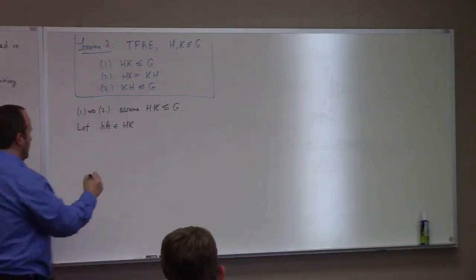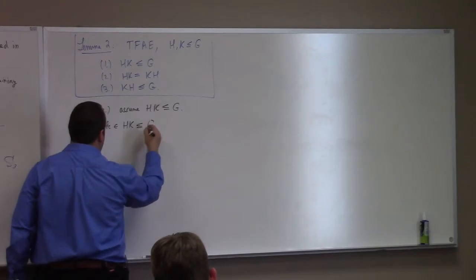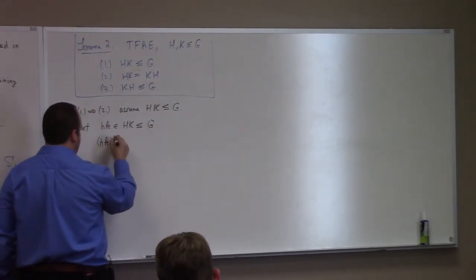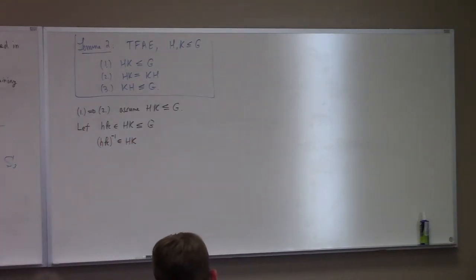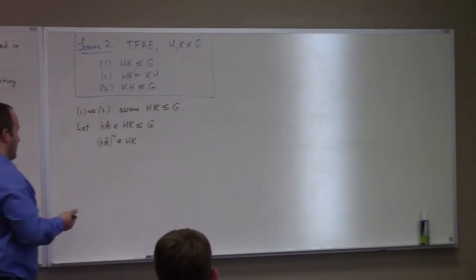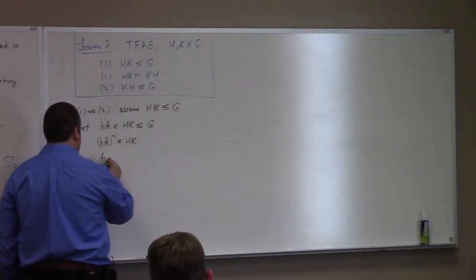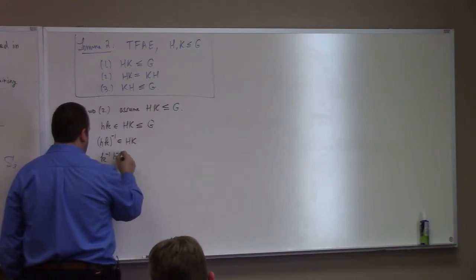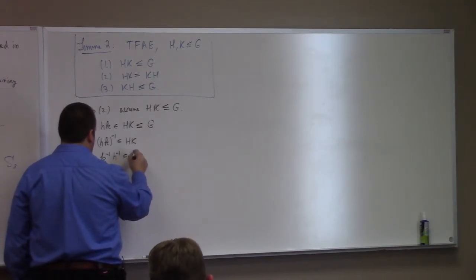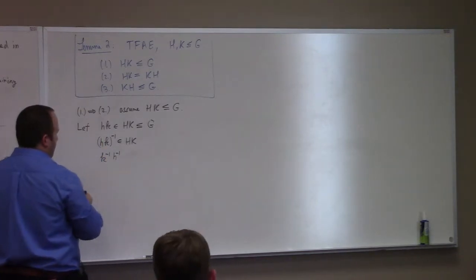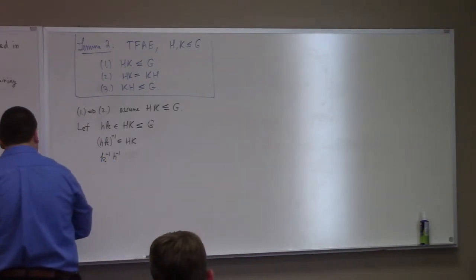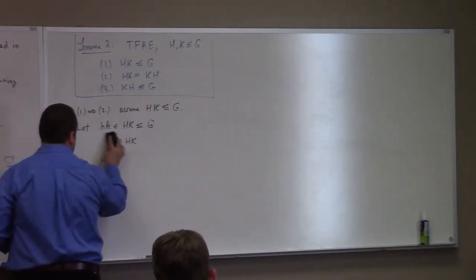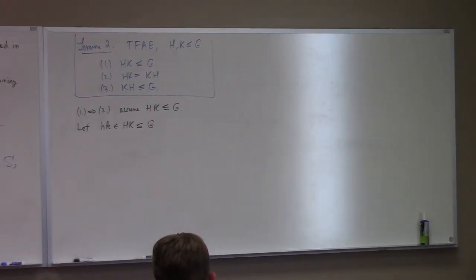So of course, if this is a subgroup of G, then we have that (hk) inverse is an element of HK, right? This goes under inversion, which implies what? I'm getting lost in here. Let me regroup. I think I'm chasing a rabbit here. I don't have enough time to chase rabbits today. Where was I?